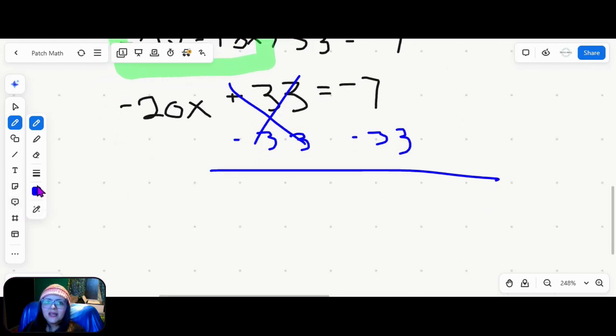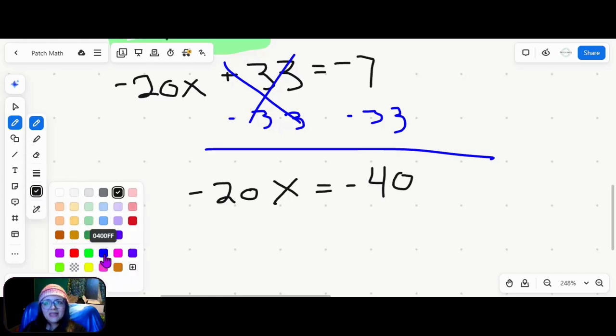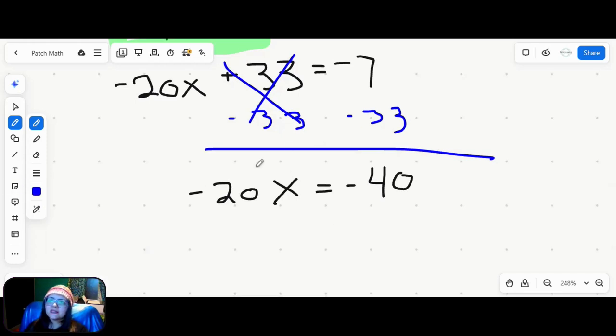All right, that leaves that -20 untouched on that x. We will deal with it in a moment, and we find that -7 minus 33 is, excuse me, -40. And then now all we look at is how that -20 is attached to that x. The operation, whether we can see it here or not, is multiplication.